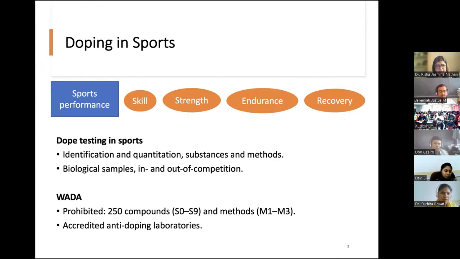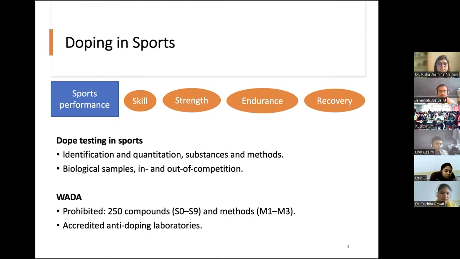Dope testing in sports is done by identification and quantification, and any methods that help in this are considered as substances or methods in sports.